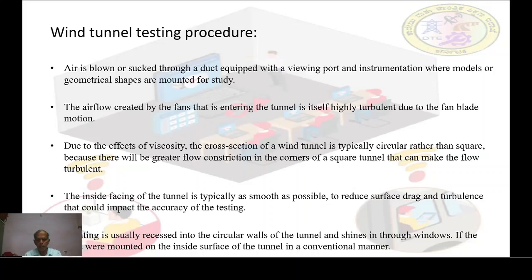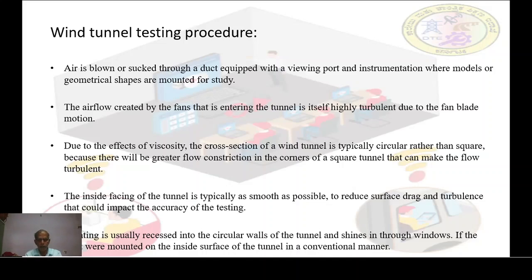The air moving through the tunnel needs to be relatively turbulence free, means it required streamlined and laminar. To correct this problem, closely spaced vertical and horizontal air vanes are used to smooth out the turbulent airflow before reaching the object to the testing.